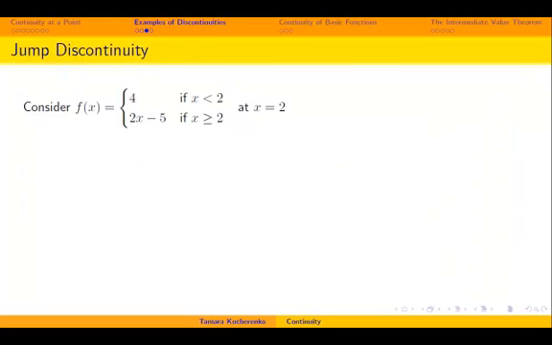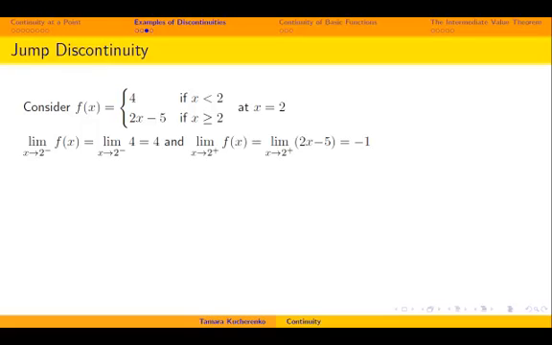Next is an example of a jump discontinuity. Consider f of x equals 4 if x is less than 2, and 2x minus 5 if x is greater than or equal to 2, at the point x equals 2. Since for x less than 2, f of x is a constant 4, the left-hand limit of f at 2 is 4.